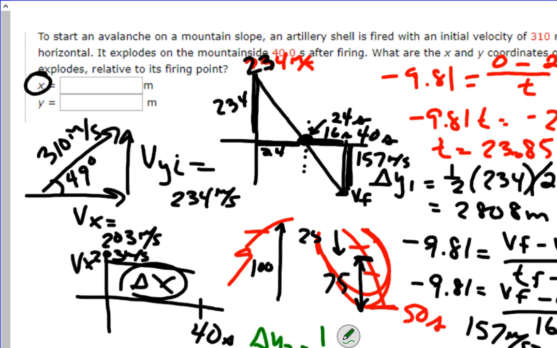Okay, so now I'm going to take 2808 and subtract 1256 meters. That should give me my final answer. That one's got a little more going on in terms of the y position, but we were definitely able to use our tools and figure it out with no trouble.